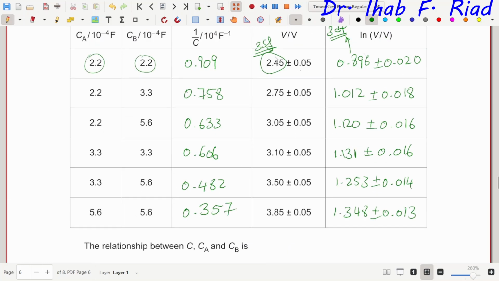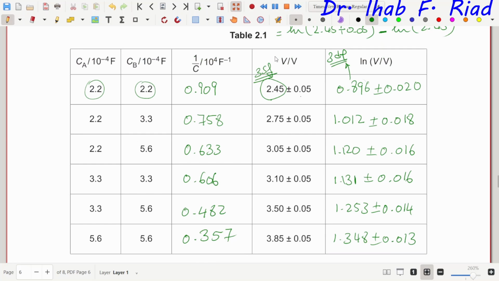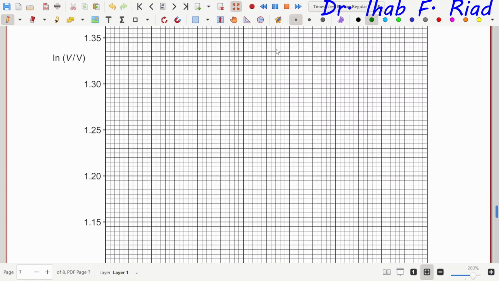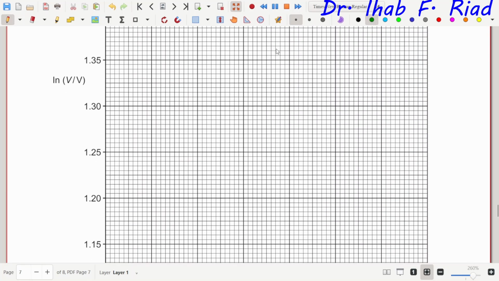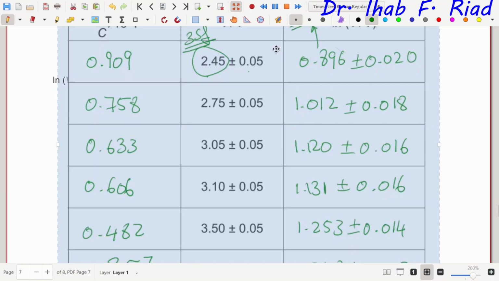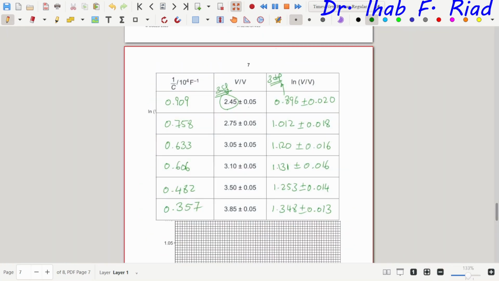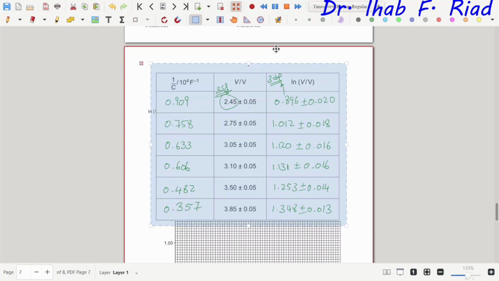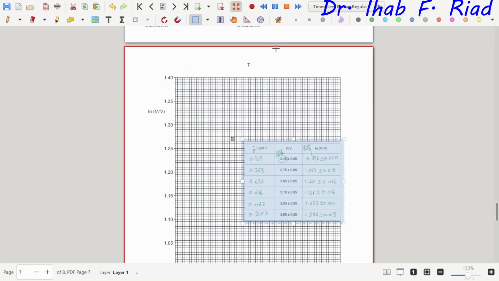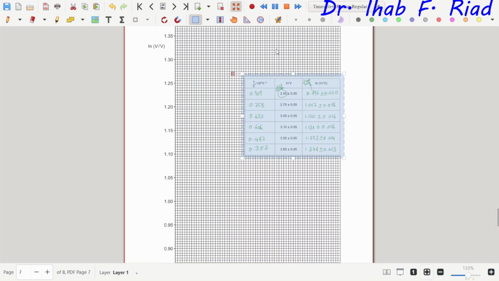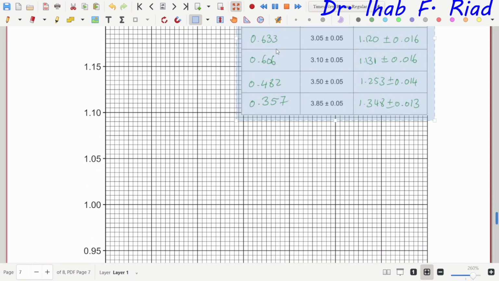Let me take the values of 1 over C and ln V. I need to make a copy, paste, and make it smaller, just to have them next to us so that we can see them easily while we are making the graph plot.